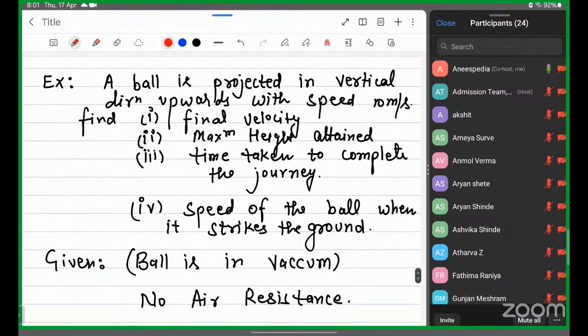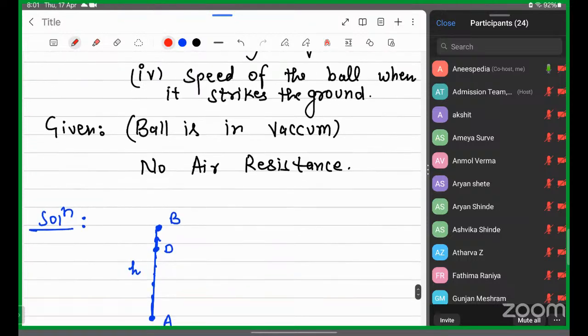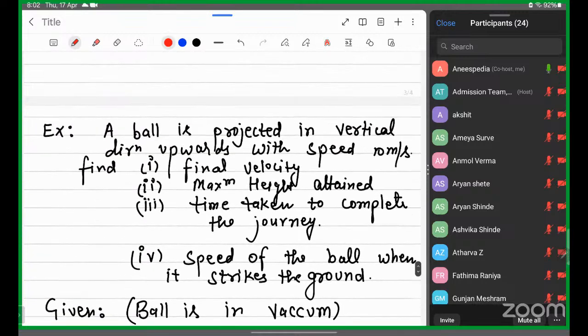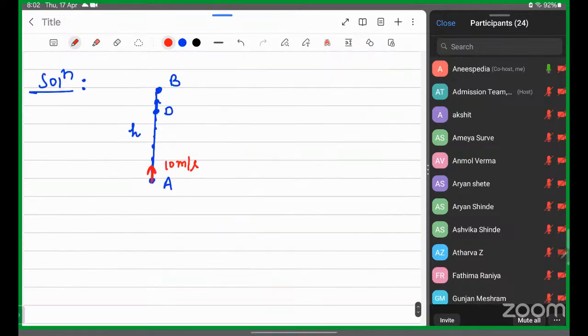Okay, now we have the ball with upward speed 10 meter per second. So this is 10 meter per second and no other information is given to me. So I have only one parameter, that is u, 10 meter per second initial velocity, and we need not know the value of g because it's constant, 10 meter per second square for easy calculation.